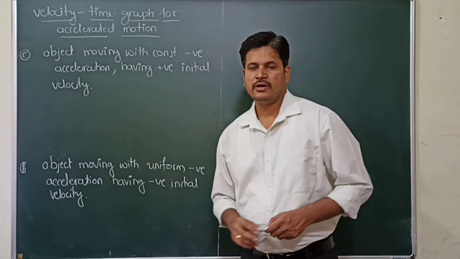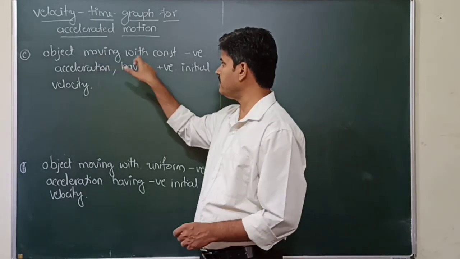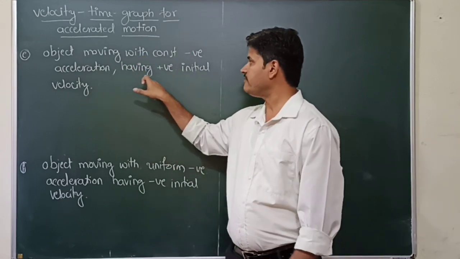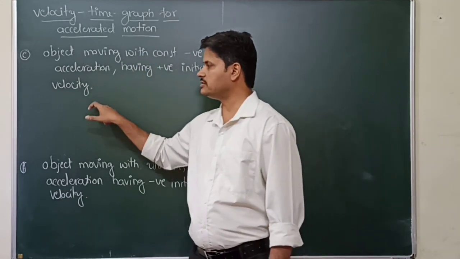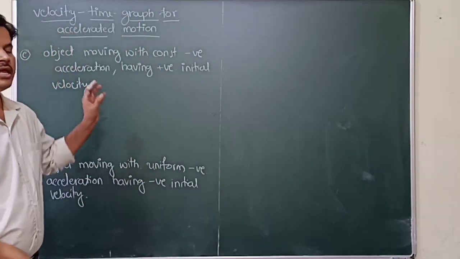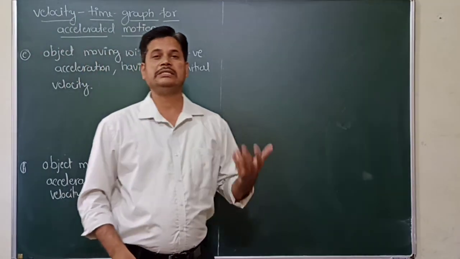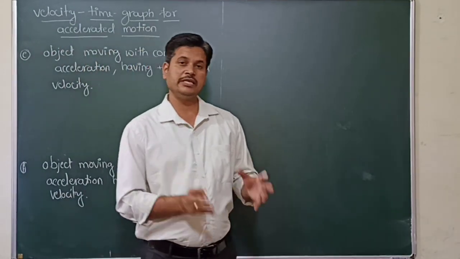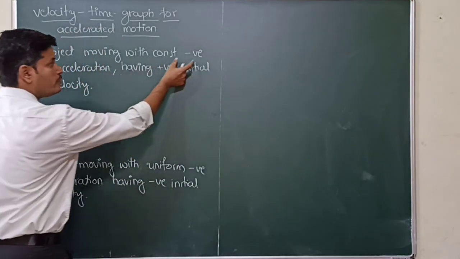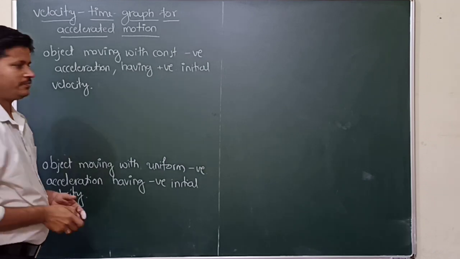Okay, another two graphs I'm going to draw here. The first one, the object moving with a constant negative acceleration having a positive initial velocity. In the previous graphs we discussed an object moving with a positive acceleration, but here the object is moving with a constant negative acceleration.